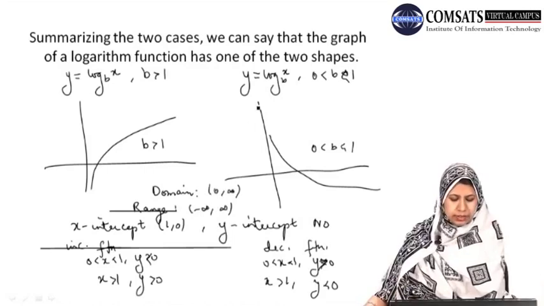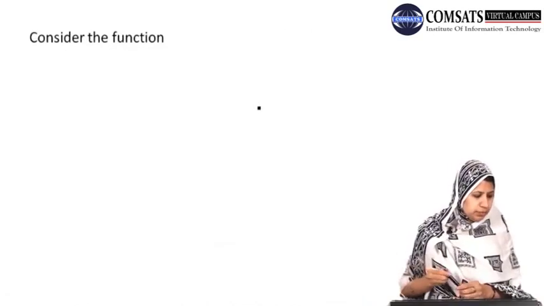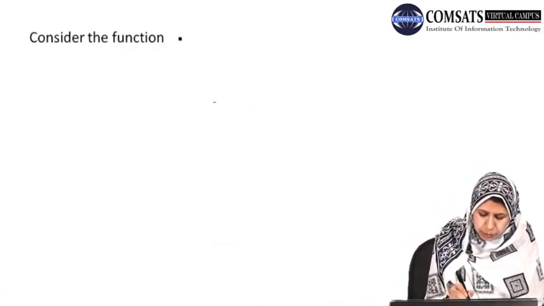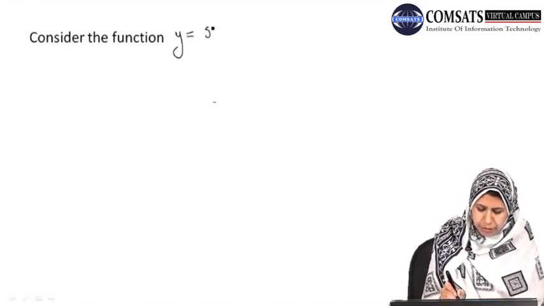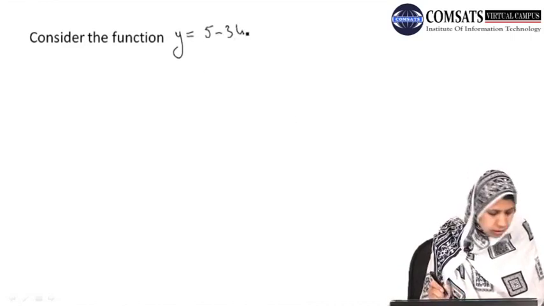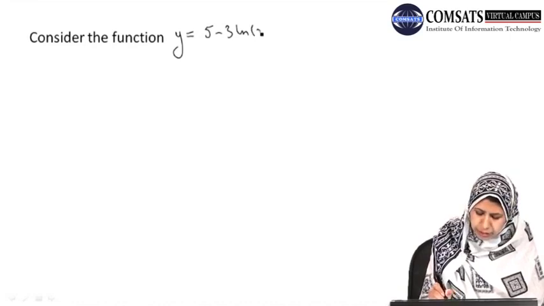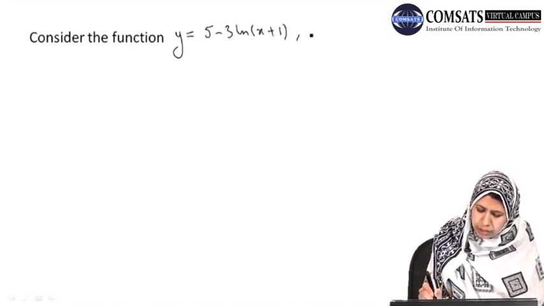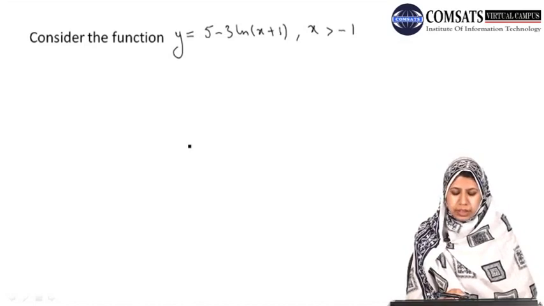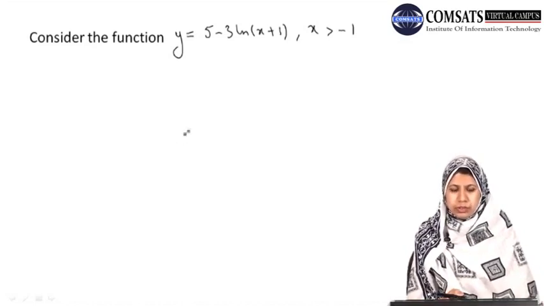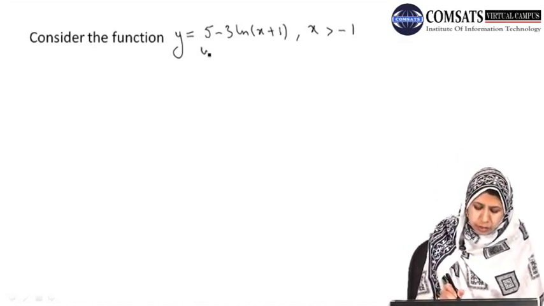Now we consider a function y equals 5 minus 3 times log of (x plus 1), with the condition that x is strictly greater than minus 1, because if x is equal to minus 1, we will obtain log of 0, and log of 0 is not defined.